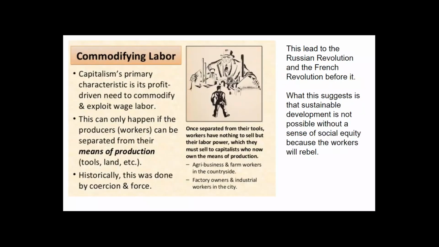We can think of Caribbean agricultural productivity depended on slavery, and though this social inequity was maintained for centuries, it was not sustainable. And even today, social uprisings continue as a consequence of social inequity.